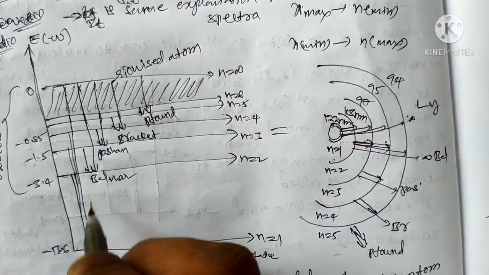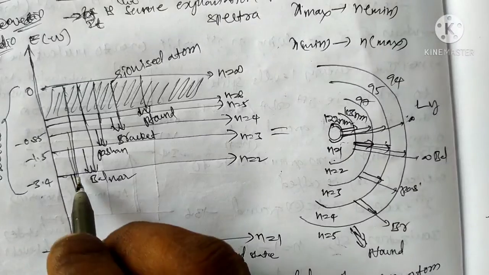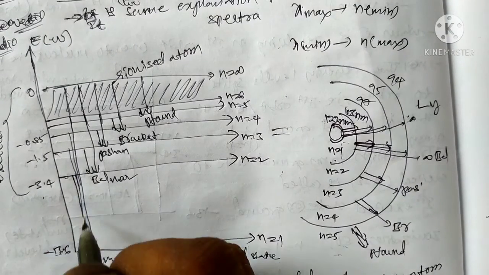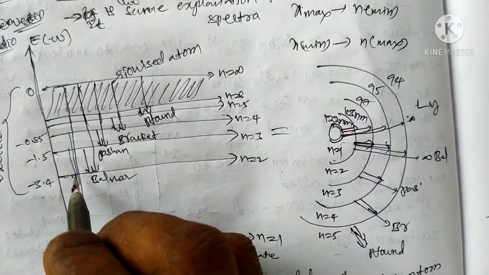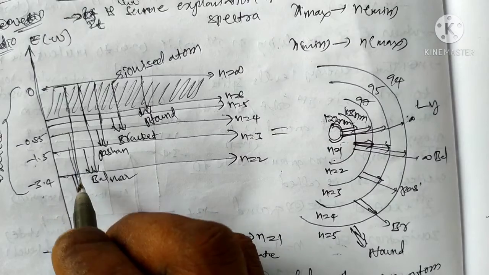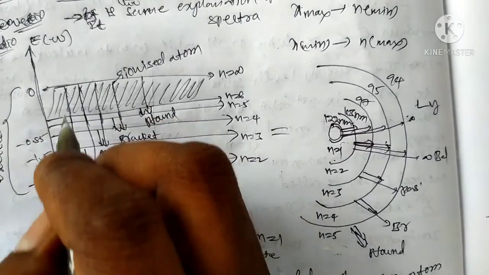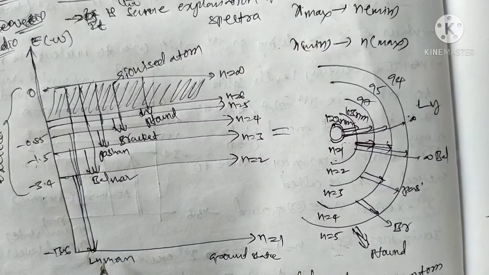You know, this experiment was completed for n1 to n2, starting from the Lyman series: second level to first level, third level to first level, fourth level to first level, fifth level to first level, up to infinity to first level. This type of series is called the Lyman series.